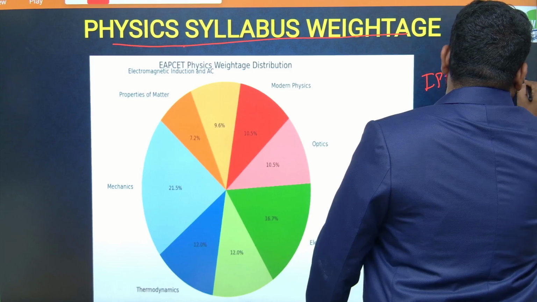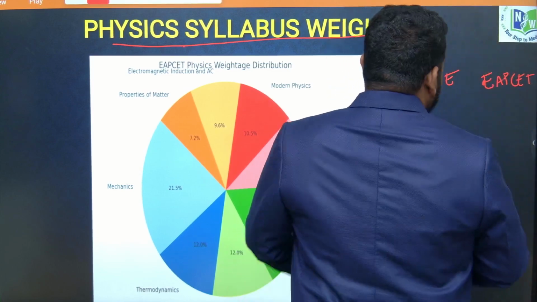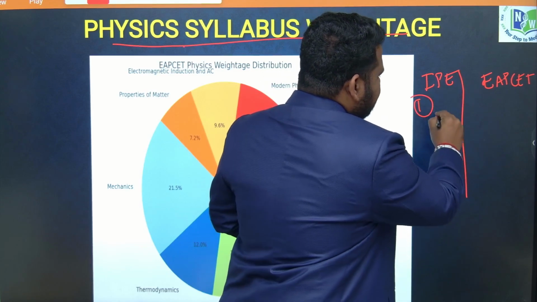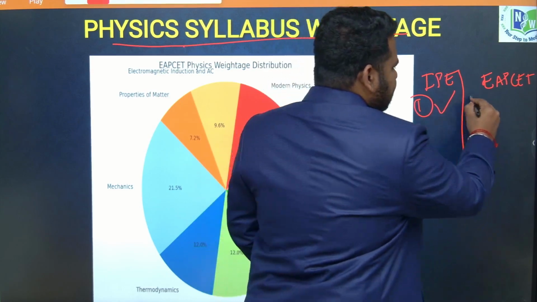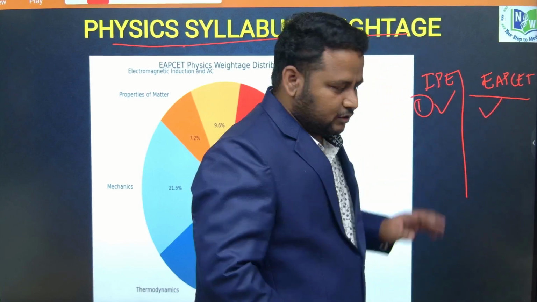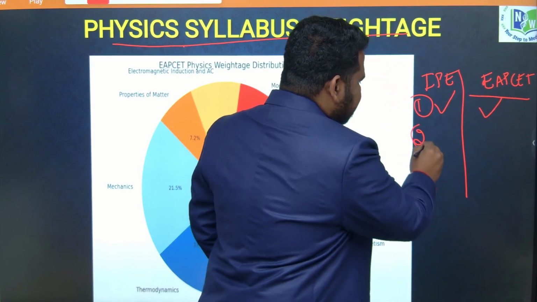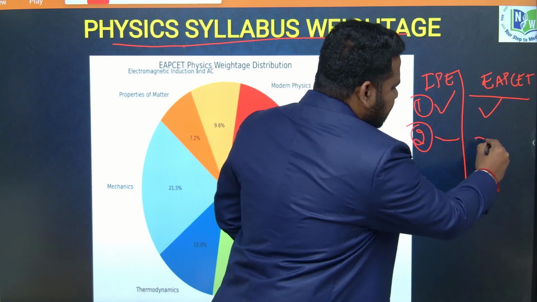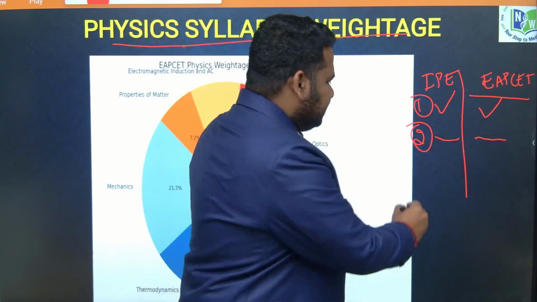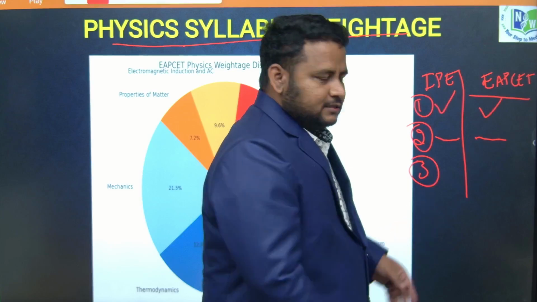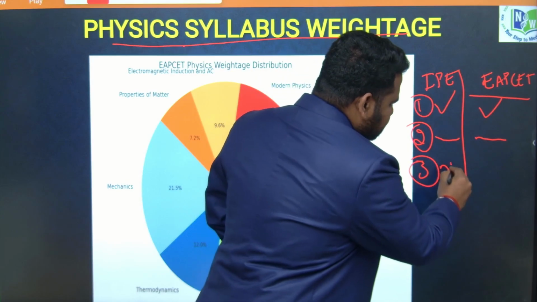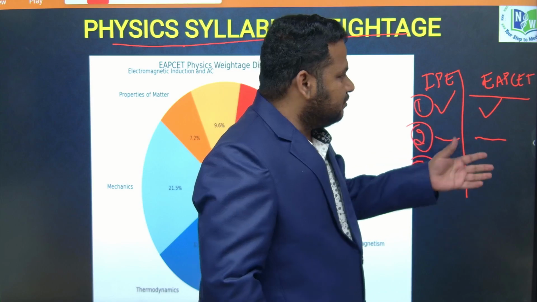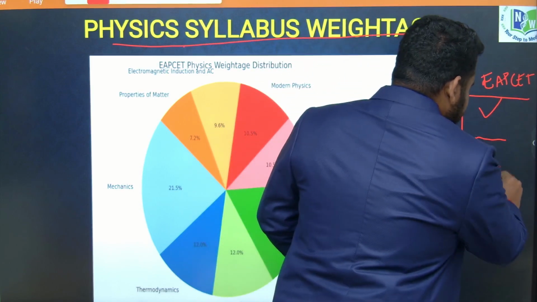First category: you did really well and prepared well for EAPCET. Another category: you did average and prepared average for EAPCET. And the next: you did not so well in IPE, and for EAPCET you are still confused.